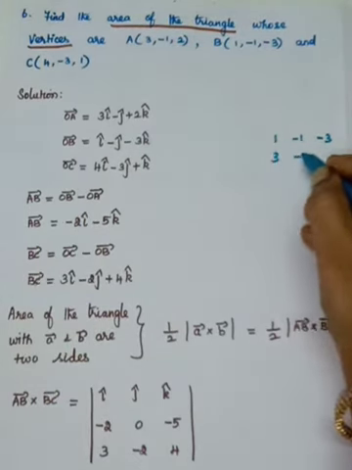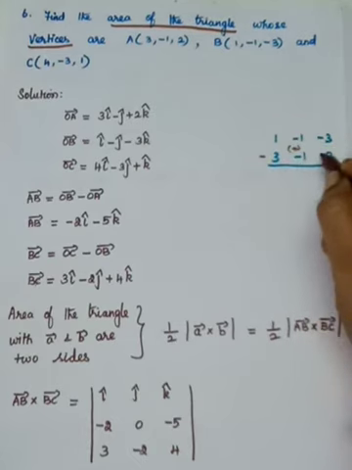And in between you have minus, so change the sign. Here this is minus, here this will become plus, and here you will have minus. So 1 minus 3 is minus 2. And minus 1 plus 1 is 0. Minus 3 minus 2 is minus 5. So write as a vector: minus 2i cap minus 5k cap.